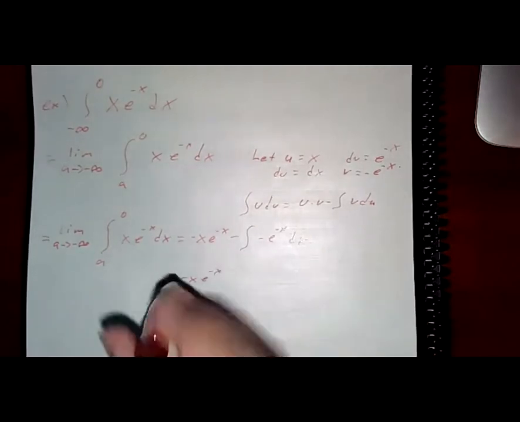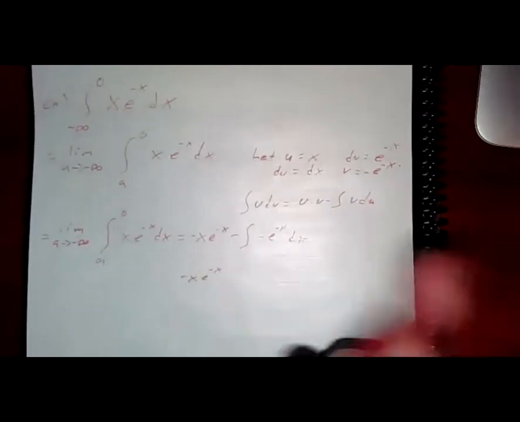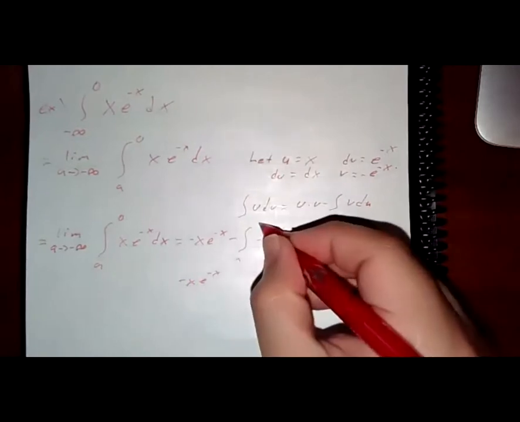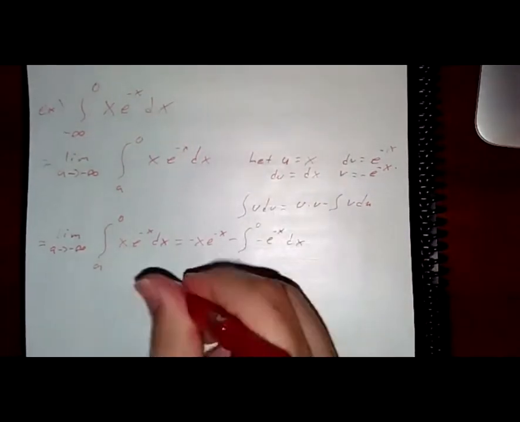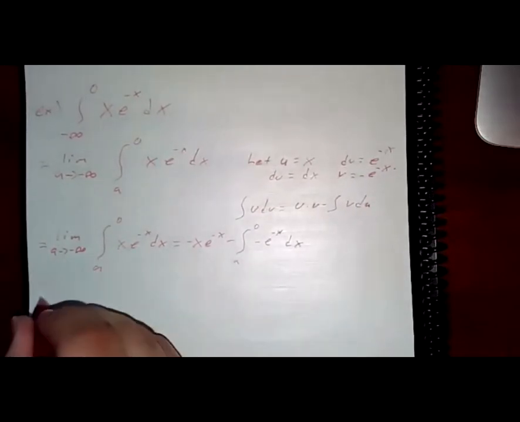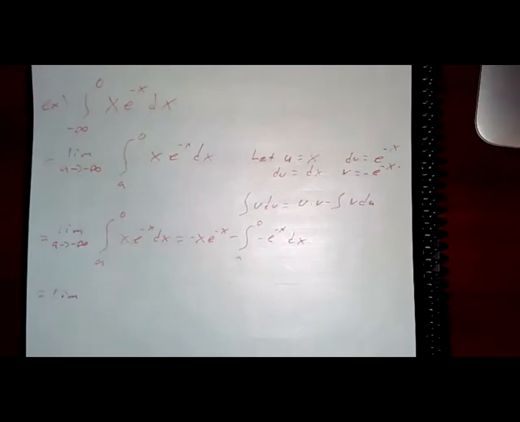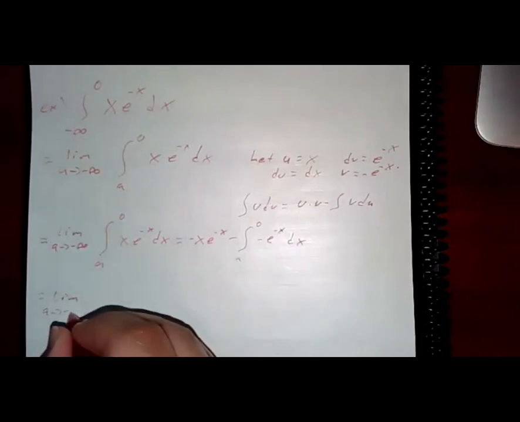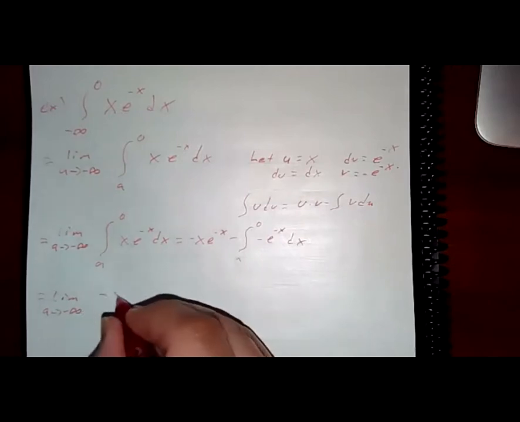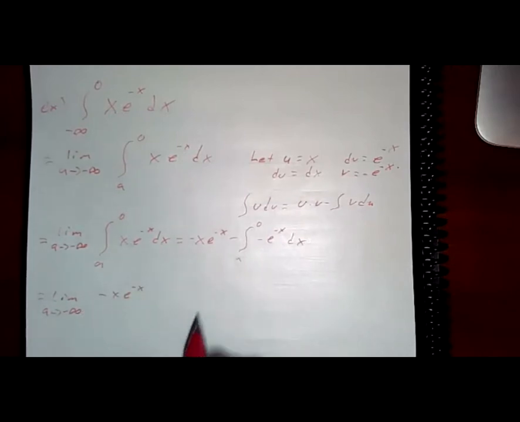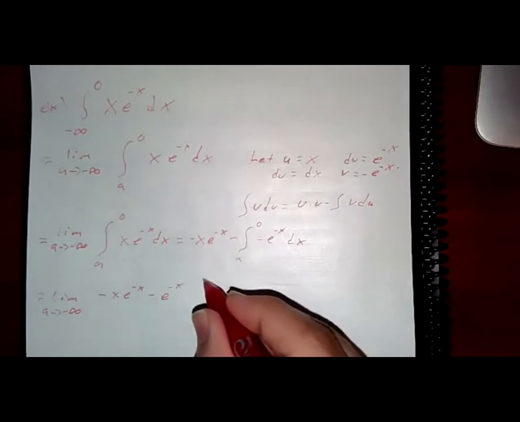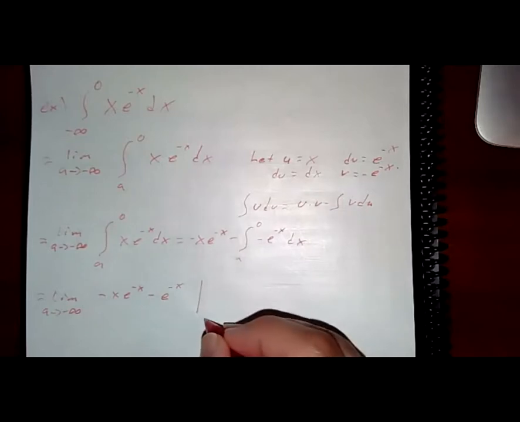Technically I should still have my limit here, but it's okay. I'm going to try to write it for every line at least, so it's not improper. So it'll be negative x e to the negative x minus e to the negative x from a to 0.